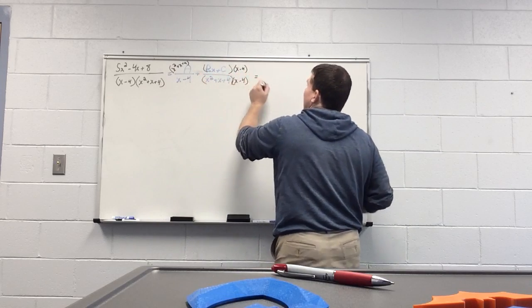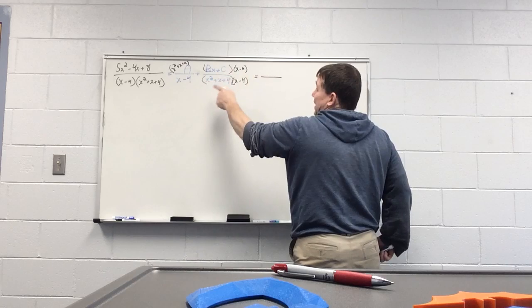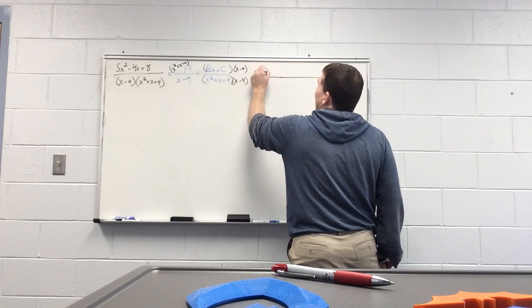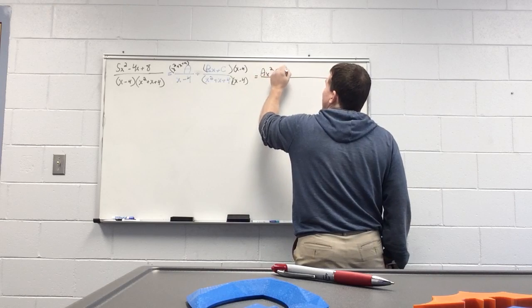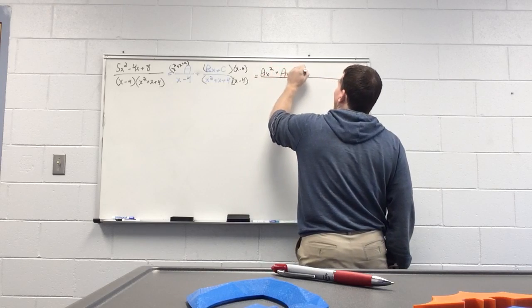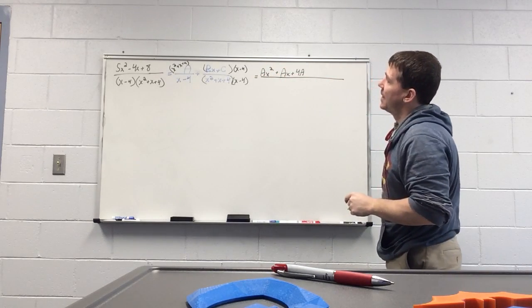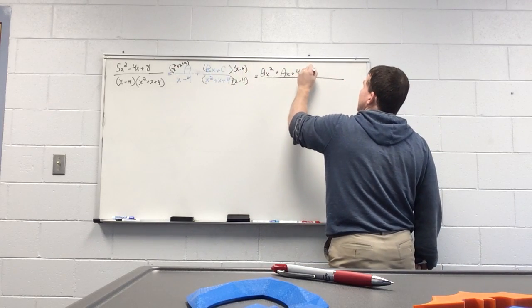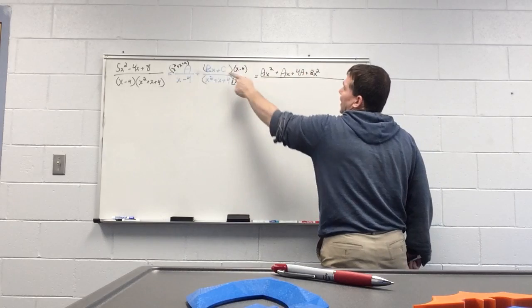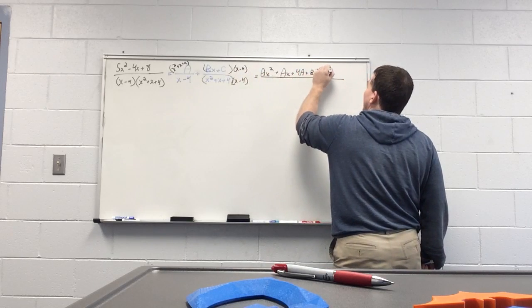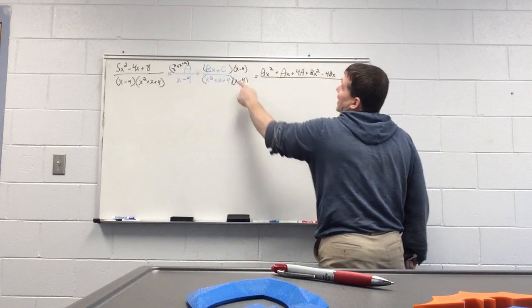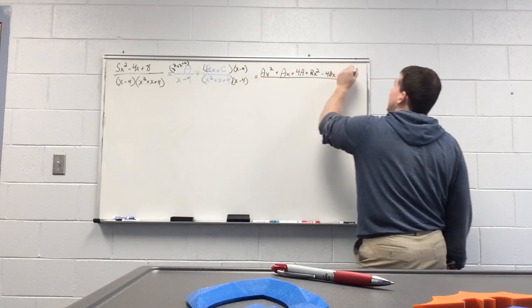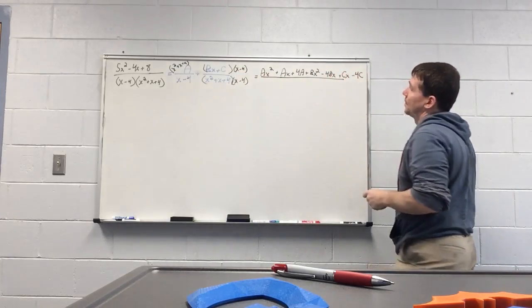And I end up getting, if I write it all out, ax squared plus ax plus 4a. The second one I'm going to have to FOIL. Bx times x is bx squared. Bx times negative 4 is negative 4bx. C times x is cx. C times negative 4 is negative 4c.